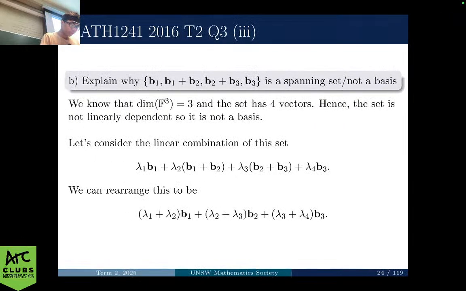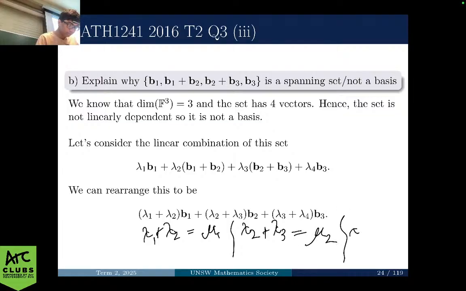And so the way I would do that is just by saying lambda 1 plus lambda 2 equals mu1. I know lambda 2 plus lambda 3 equals mu2.